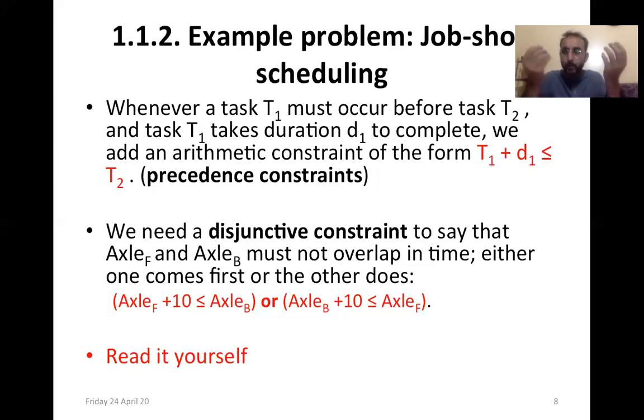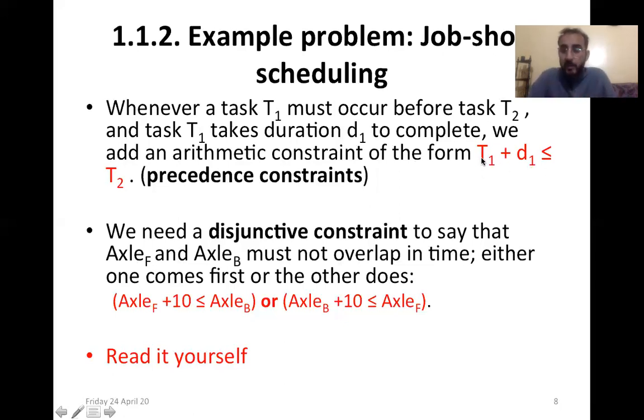So how can we represent this whole story of tasks T1 and T2, where T1 takes some time, in mathematical form? The constraint that we introduce for this type of thing is normally called a precedence constraint.